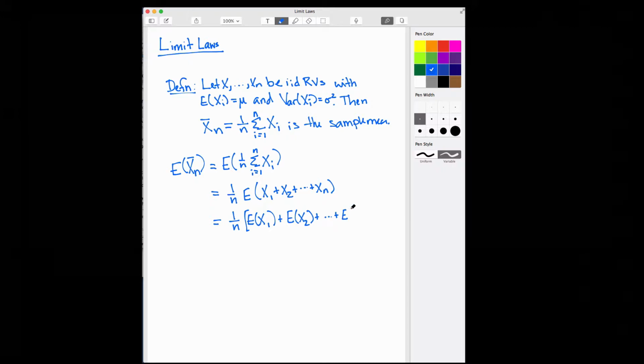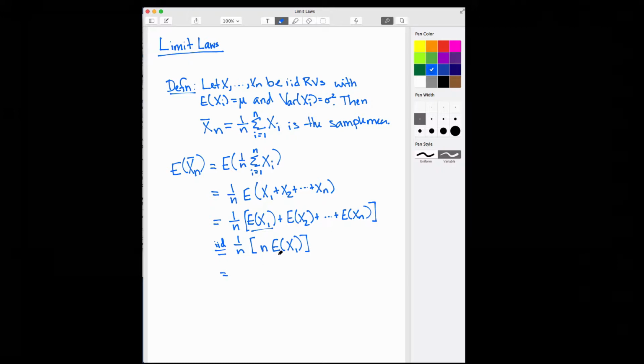And so we get this result. Right now we have the expectation of the sample mean is equal to 1 over n times the sum of the expected values, but now we need to realize that things are IID, right? So because things are IID, notice that all of these expected values are equal to the expected value of x1. So we have n of these elements in our sum, and so this is going to be n times the expected value of x1.